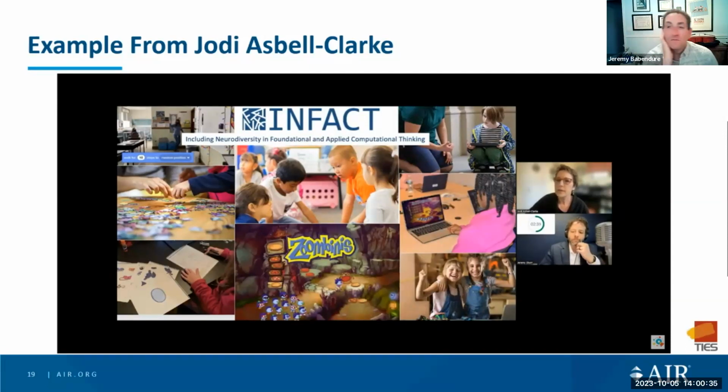What we also did was build a set of executive function supports. We talk about neurodiversity as a whole range of both diagnosed and undiagnosed conditions that kids bring to school that influence the ways they think and learn. Many of these boil down to executive function.